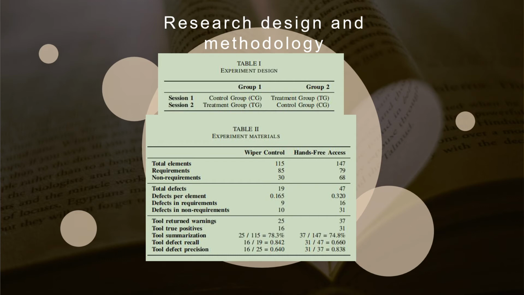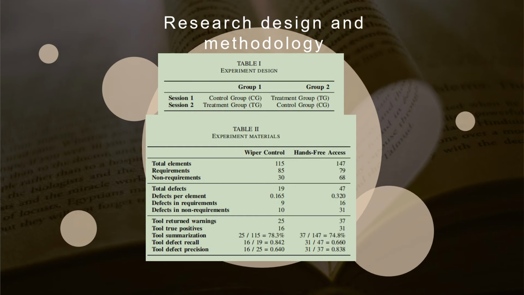Okay, in this part I'm going to talk about the research design and methodology. In this empirical study, we compare two groups with and without the tool to measure improvements by the tool. As we can see from the experiment design table, the control group performs the task manually, that is, without any support by the tool.